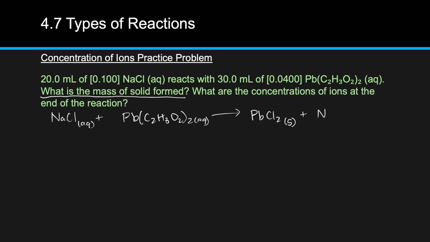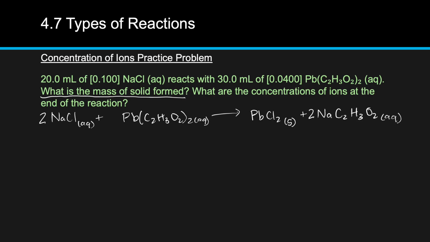And then we have our NaC2H3O2, which has sodium in it, so that is aqueous. So now let's balance our chemical equation. Our sodiums are balanced, our chlorines are not, so we're going to put a 2 there, which means we need to put a 2 here, and now we are balanced.